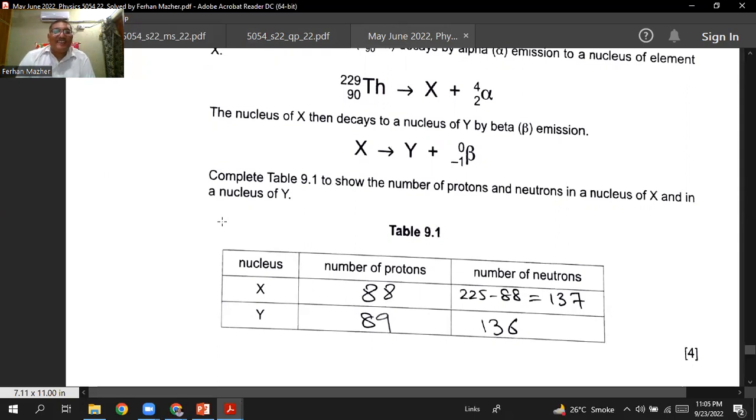So remember these things. So for Y, the proton number will be 1 more than 88, so it will be 89. And its number of neutrons will decrease by 1. Before, the number of neutrons was 137, and now it will be 136.